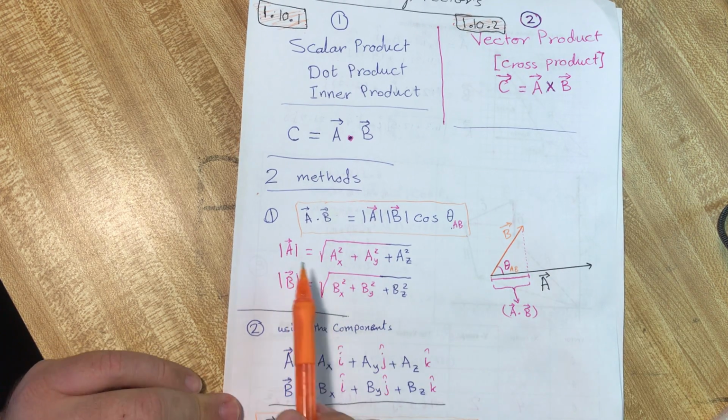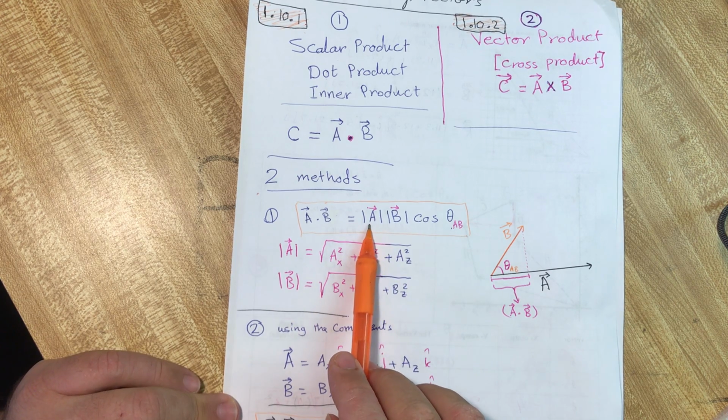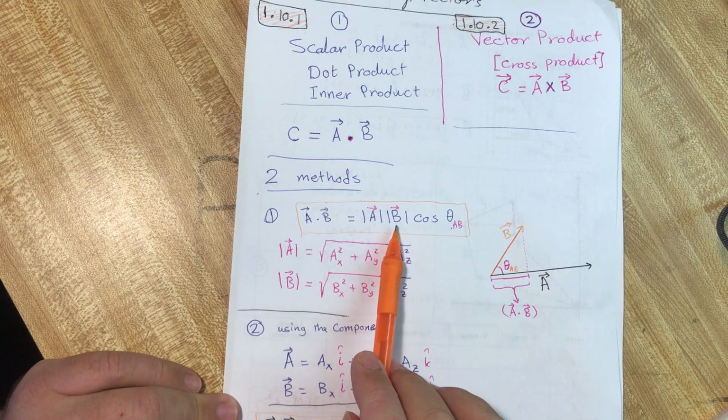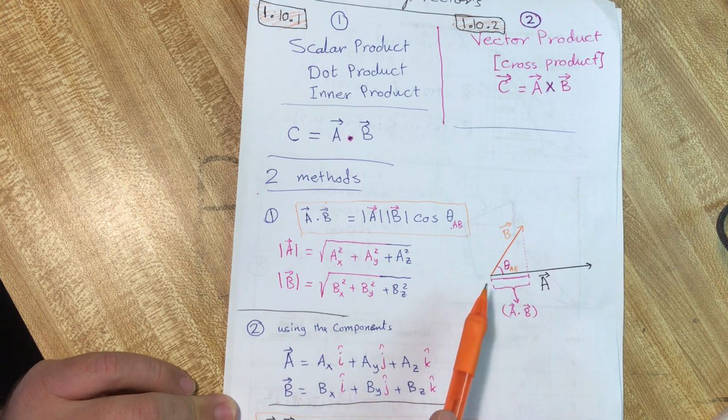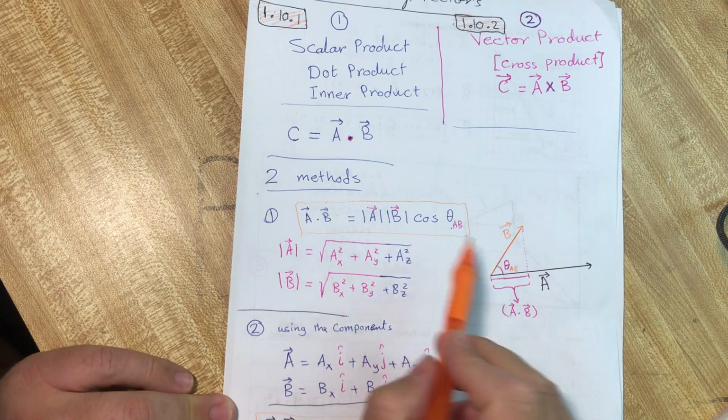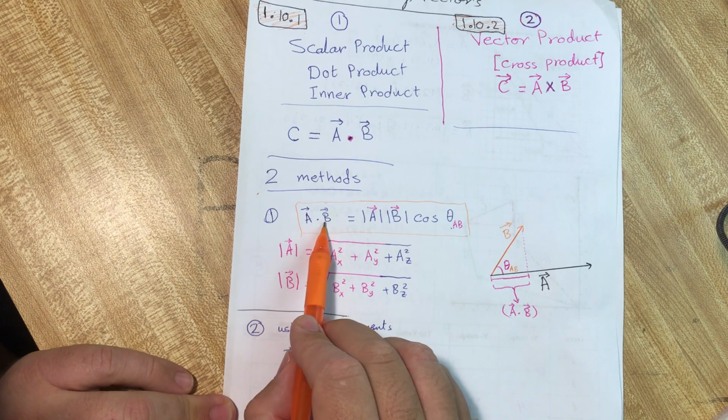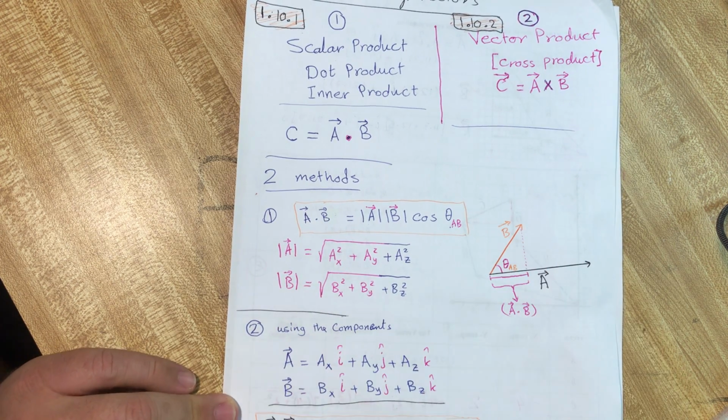The dot product is the length of A multiplied by the length of B multiplied by cosine theta between them. Theta is taken from the first vector to the second vector counterclockwise.